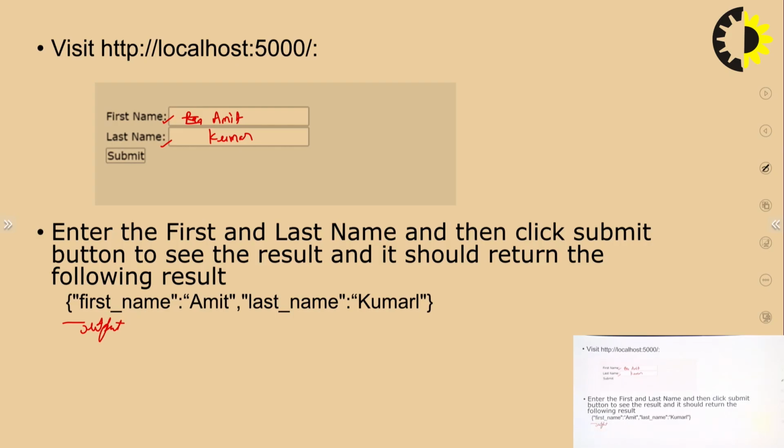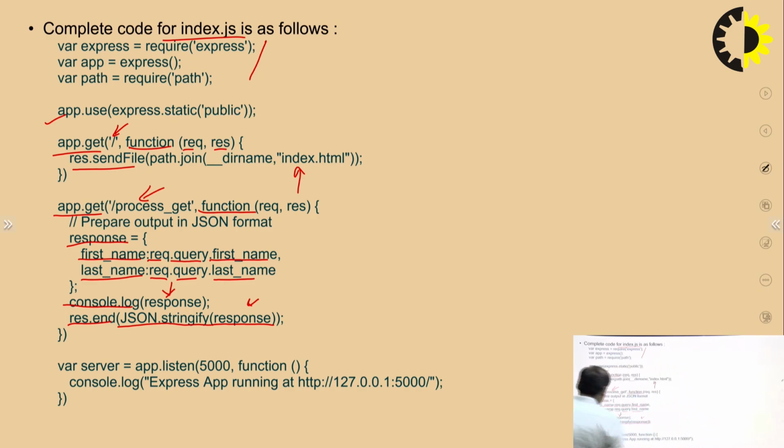Here you can see the first name Amit, last name Kumar. This output is possible because of running this console.log with the help of response. Response is already ready and it will display the values of both variables, first name and last name.